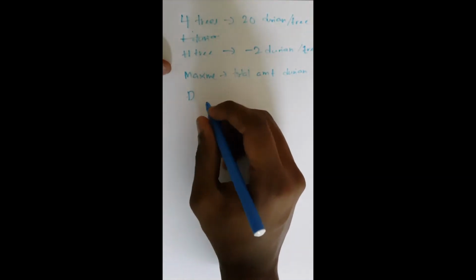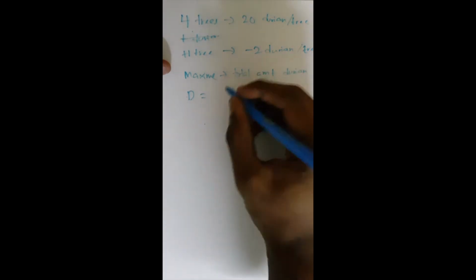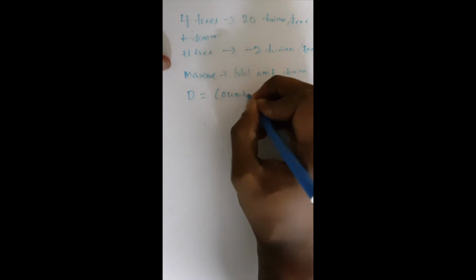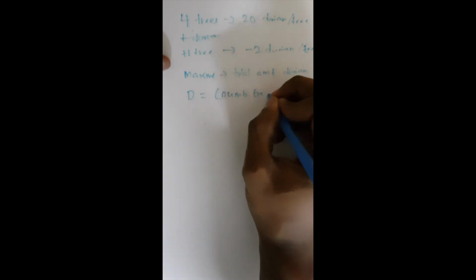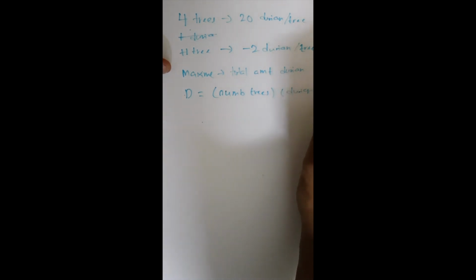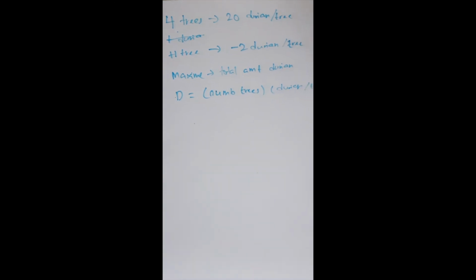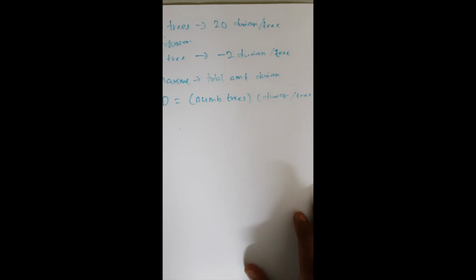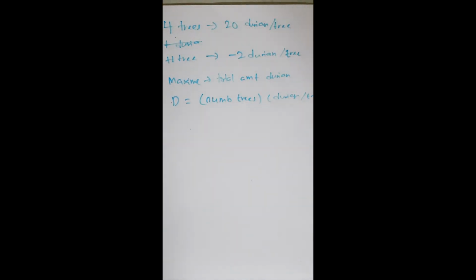That equals the number of trees times the durian per tree. So basically, this equation will calculate the total amount of durian in all trees.